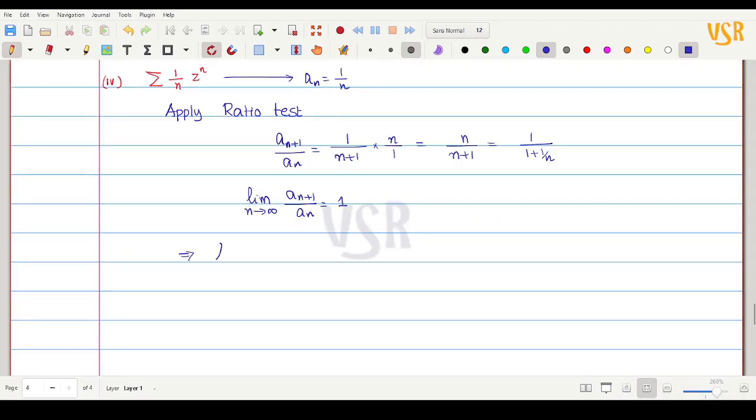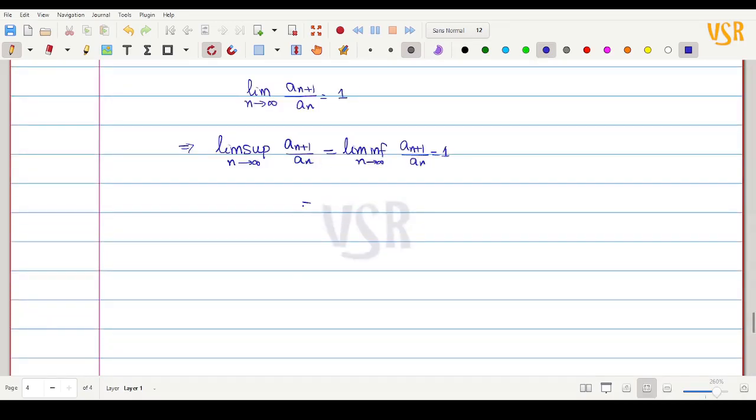Okay, அப்போ this implies that limit supremum of an plus 1 divided by an which is equal to limit infimum of an plus 1 divided by an, இது எல்லாமே equal to 1, of course n tending to infinity. அப்ப இதுல இருந்து என்ன தெரியுது அப்படின்னா, this would imply that limit supremum of nth root of 1 divided by n which is equal to 1.